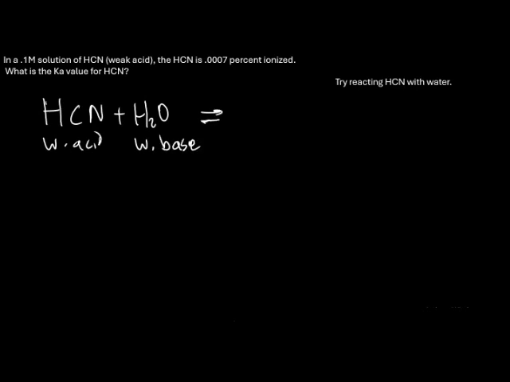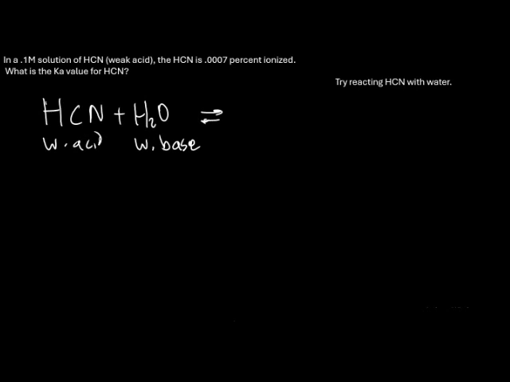If we do react HCN with water, we'll start by writing HCN plus H2O. We already know HCN is a weak acid. This means water must act as a weak base. Because it's weak, we'll draw a double arrow.